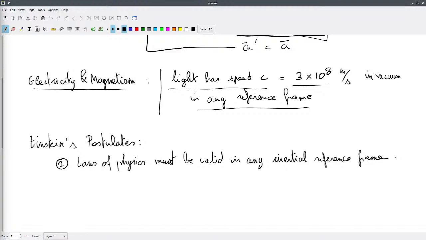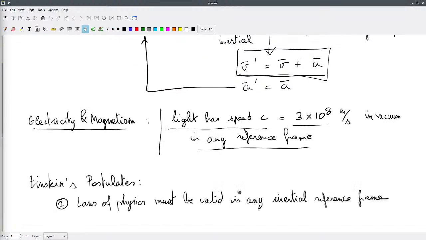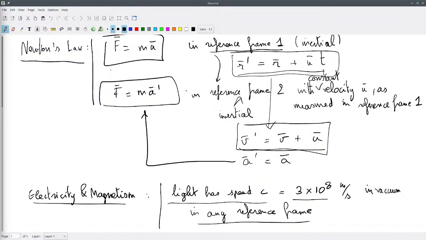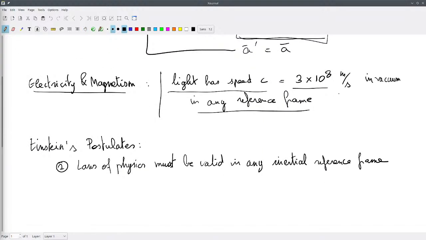So that says that the laws of electricity and magnetism have to be valid in any inertial reference frame. The laws that describe force and acceleration, Newton's law, has to be valid in any reference frame. Everything has to be valid. All of physical laws must be valid in any inertial reference frame.